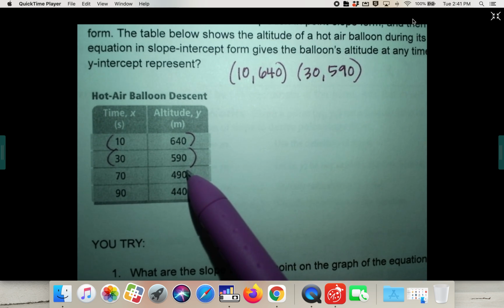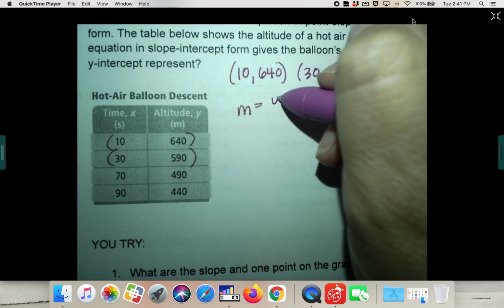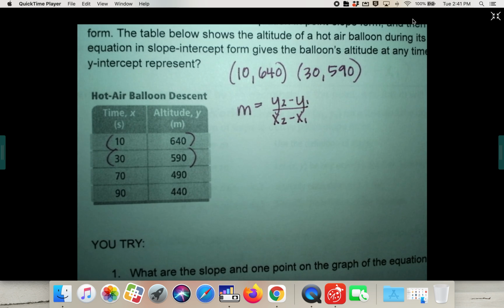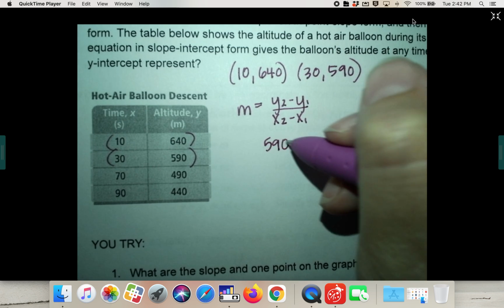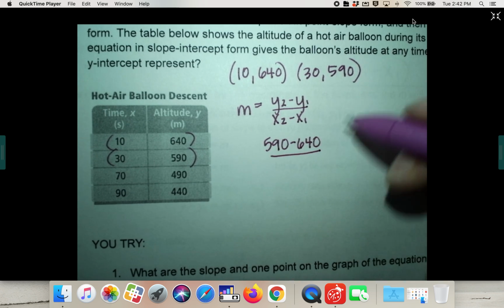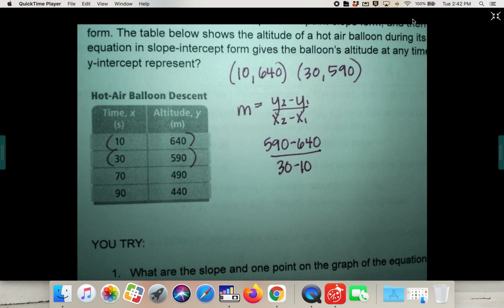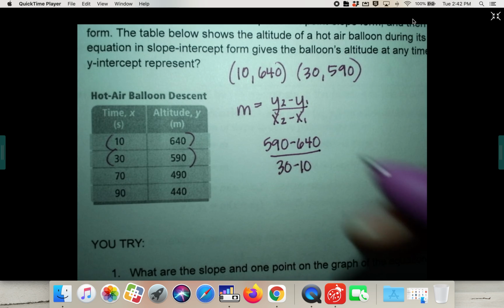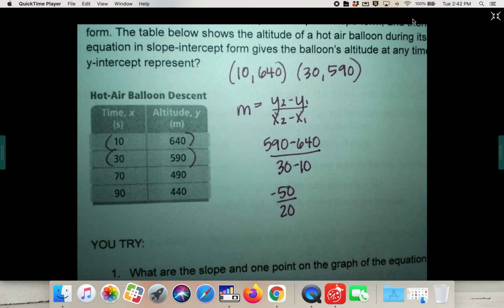And the first thing we need to do is calculate my slope. So once again, y2 minus y1 over x2 minus x1. 590 minus 640 over 30 minus 10. 590 minus 640 is negative 50. 30 minus 10 is 20.